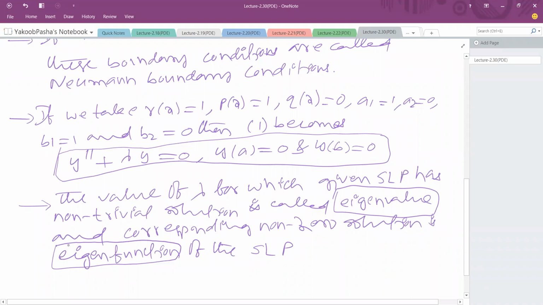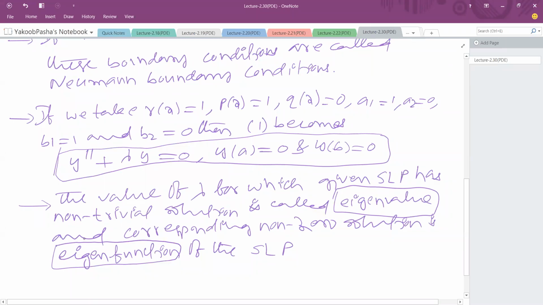Those values are the eigenvalues, and substituting the lambda values in the solution, we get the eigenfunction of the SLP.